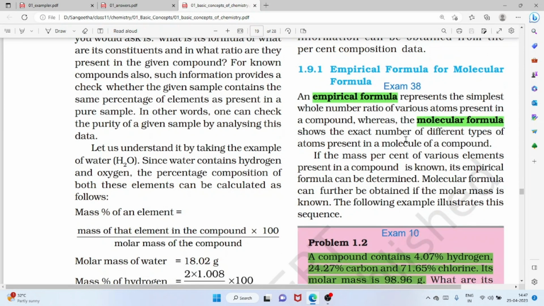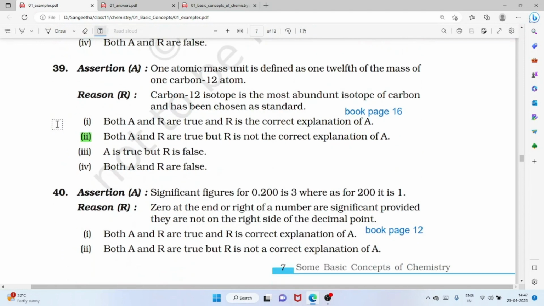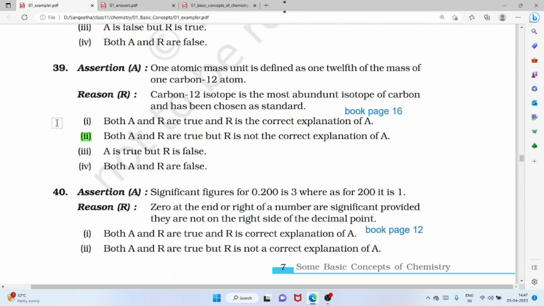How to compute the molecular formula from the empirical formula, you can go through these problems also. One atomic mass unit is defined as 1/12 of the mass of a carbon-12 atom. Okay, this is correct. Carbon-12 isotope is most abundant. Both A and R are true, but the R is not the correct explanation of the A.